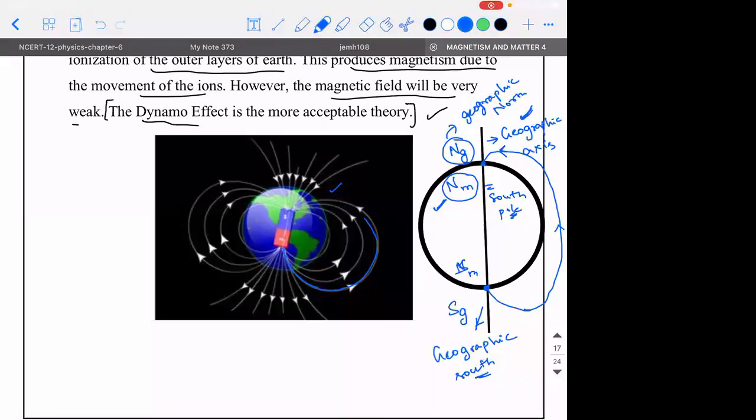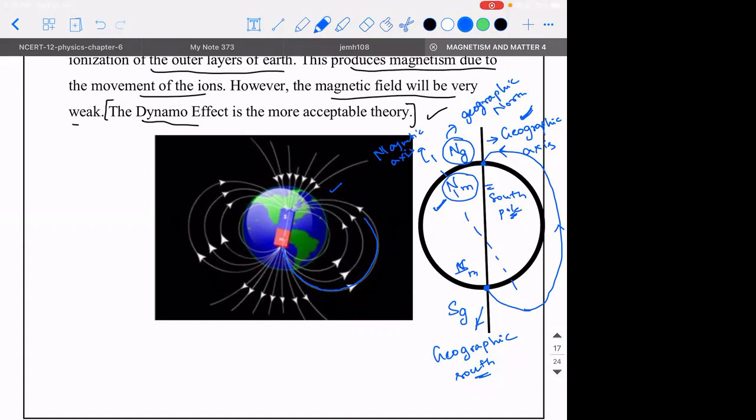Whereas if you draw an imaginary line passing through the magnetic north and the magnetic south, this line will be called, can you guess it? Magnetic axis, sir. It's called the magnetic axis because it is passing through the magnetic poles.